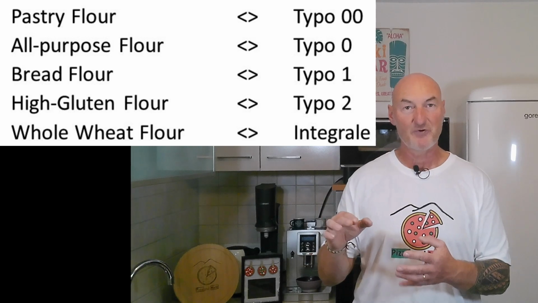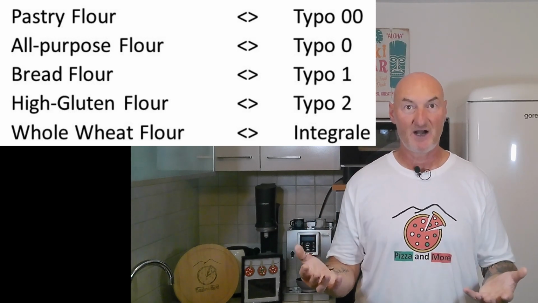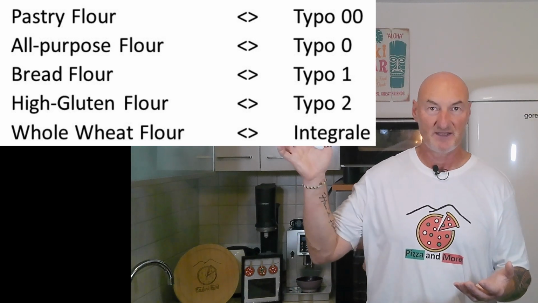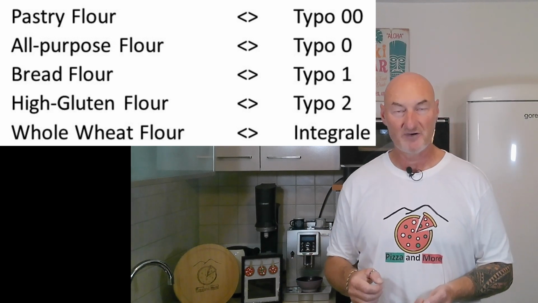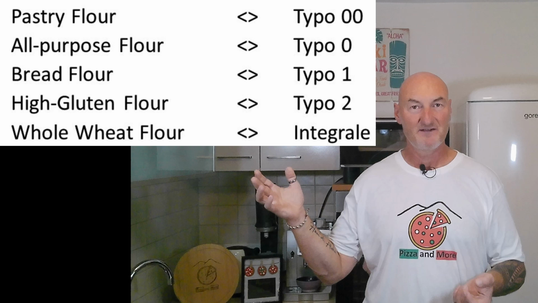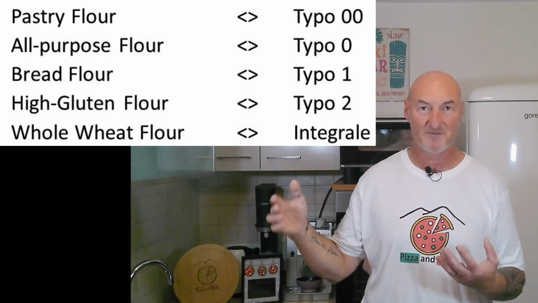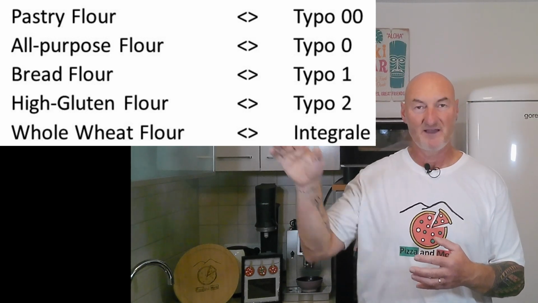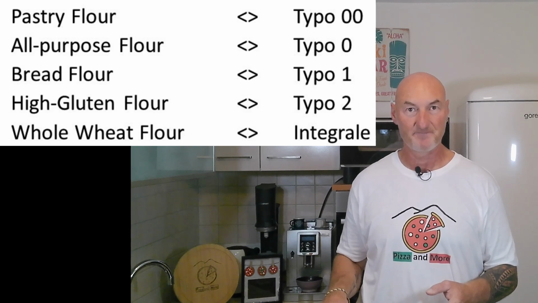These numbers in Germany tell us how much mineral is in the flour. Here you see the English or American names of the different flours, and they don't really say anything about the amount of minerals, but from the top to the bottom there are less, and at the bottom lots of minerals in the flour.